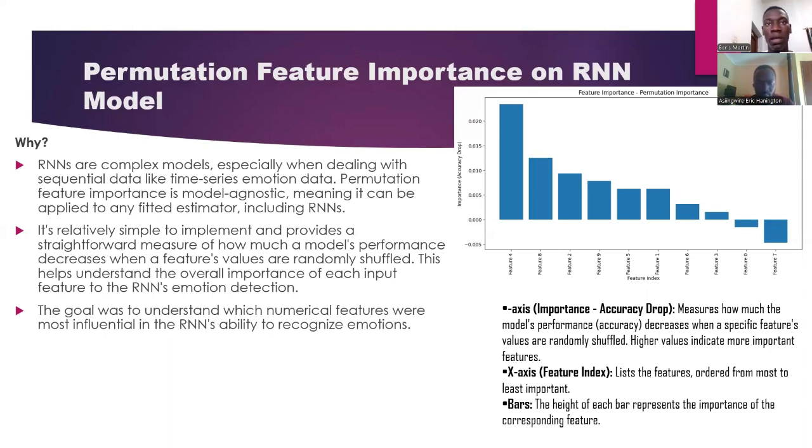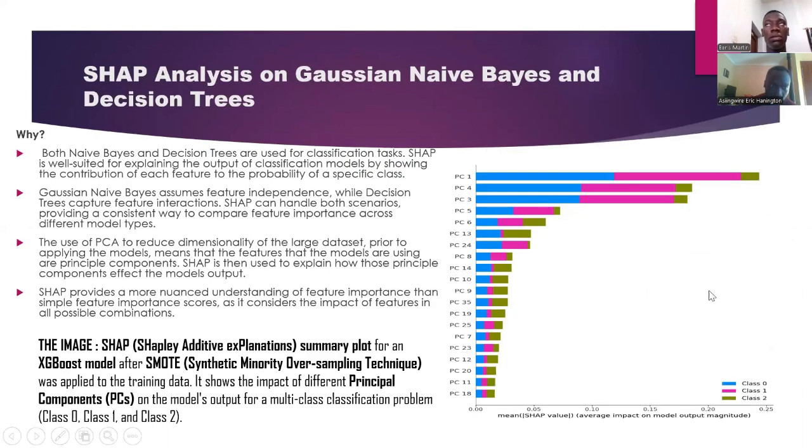The x-axis represents the feature index, and the y-axis represents the importance, or the accuracy drop, with the bar being the value of the importance. With that said, my colleague can continue from the next slide. Thanks.